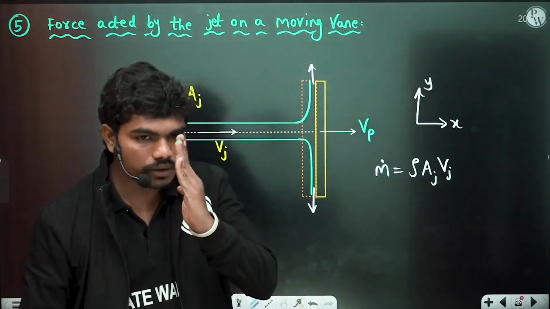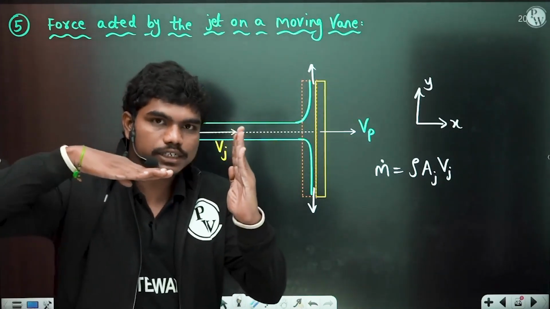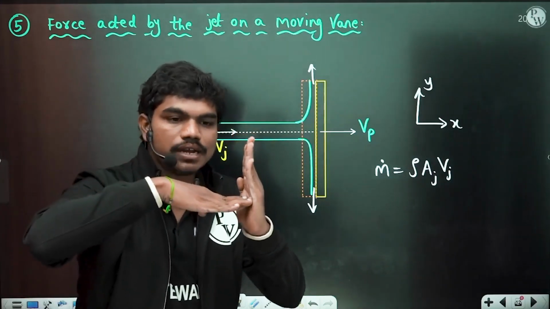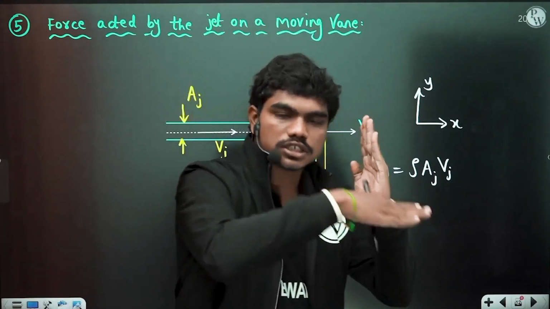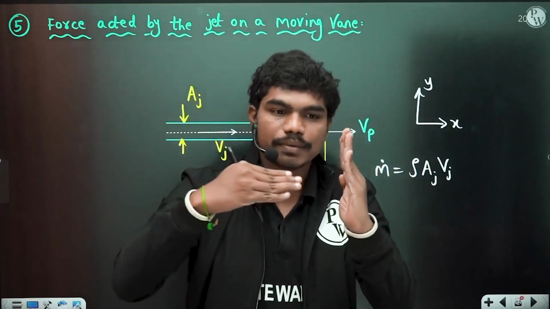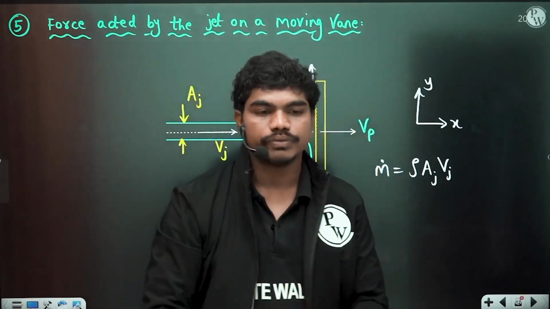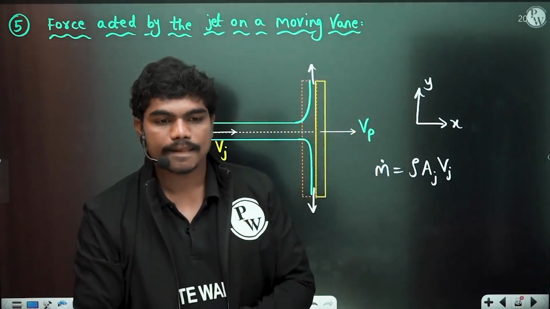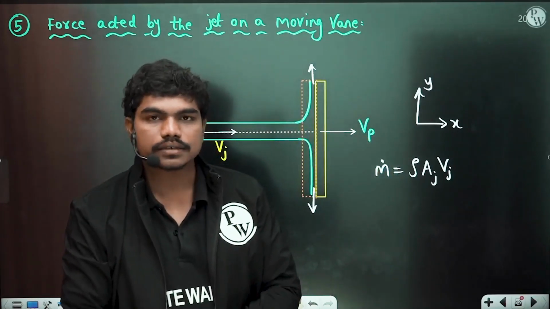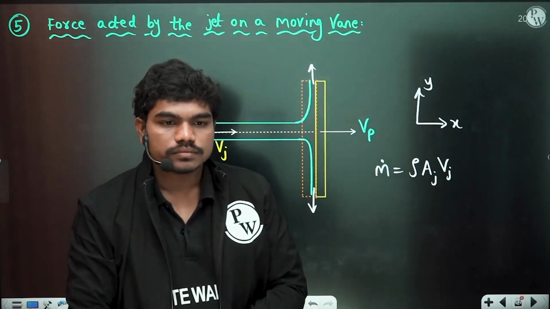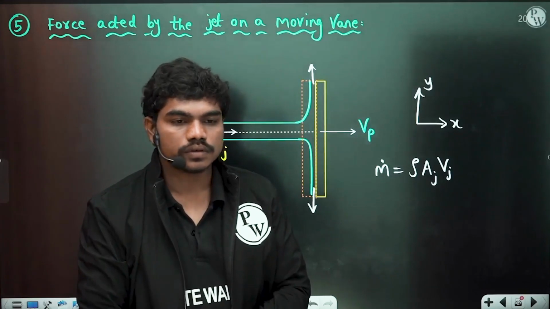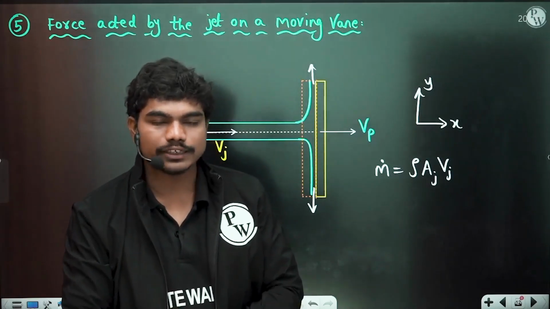So whenever the control volume is also moving, if the fluid is trying to enter the control volume at velocity vj, then definitely since the control volume is also moving, the complete fluid which is coming cannot enter the control volume. Yes or no? There is some difference. Can you understand this? Are you all getting?